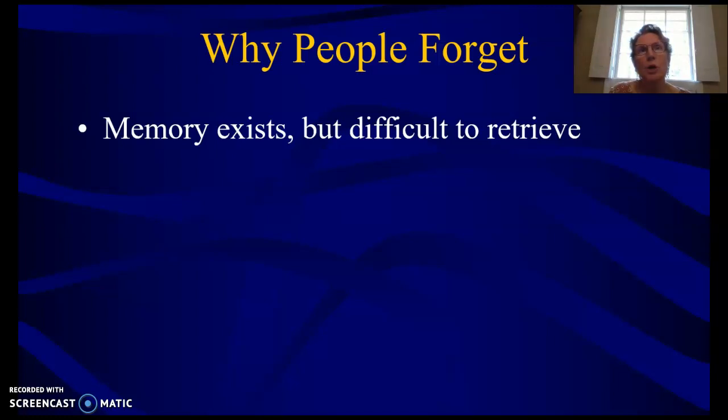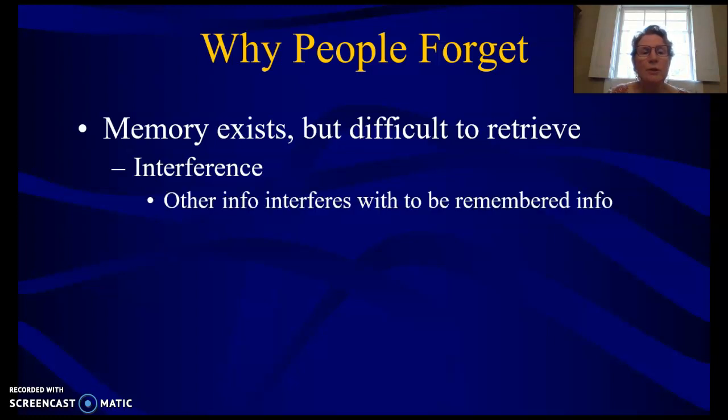Sometimes you know that you've studied something, you know it's in your brain somewhere, but you can't pull it out. That would be retrieval failure, basically. So there might be other information that's interfering with what you're trying to remember. That's usually what happens here.